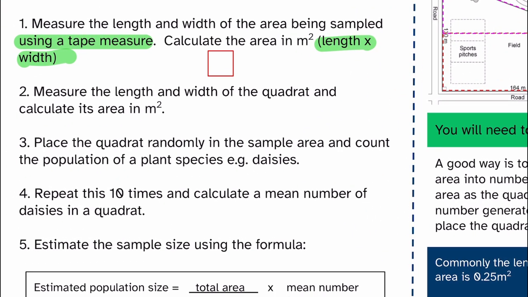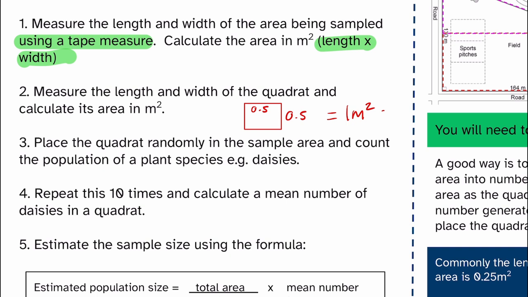Once you've figured out the area of the field, what you then need to do is figure out the area of your quadrat. Now, this is where they put in some complicated stuff, because the area of the quadrat that they normally give you is 0.5 by 0.5. And lots of people look at that and go, oh, 0.5 and 0.5, so the area is 1 metre squared. No, it is not.